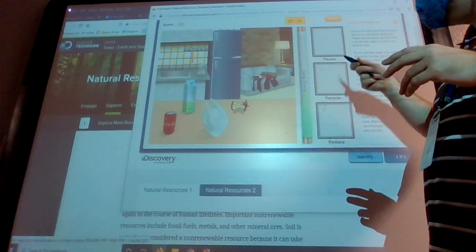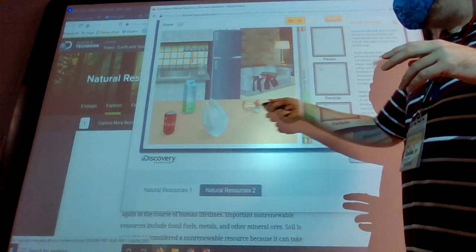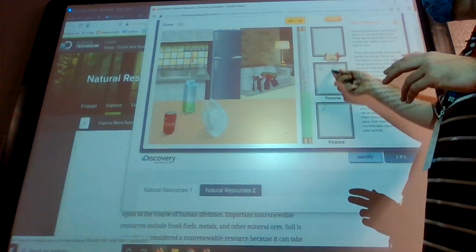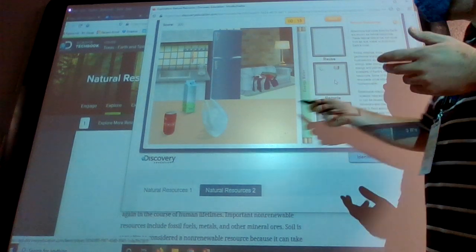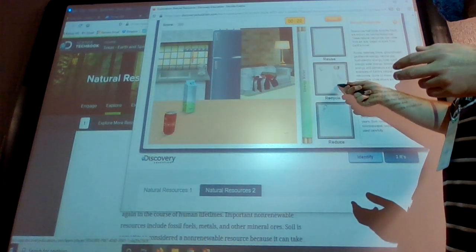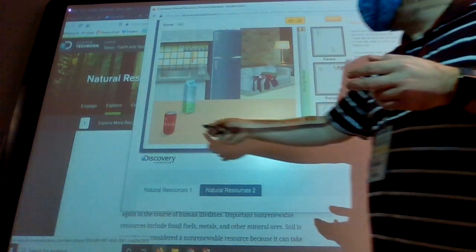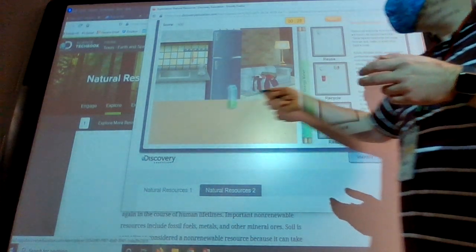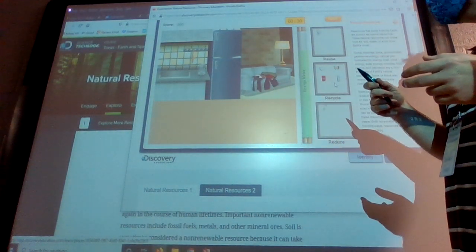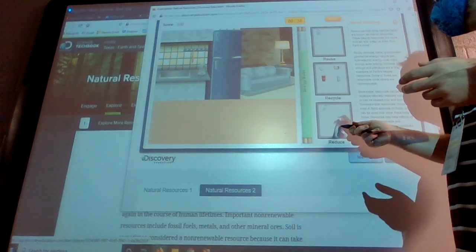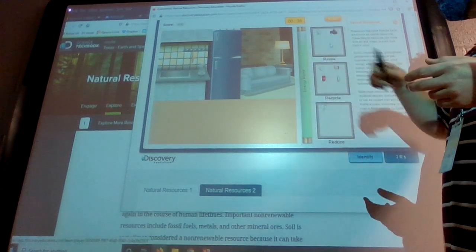Newspaper, recycle. An apple core. I don't know. You can't reuse it. You can recycle it into compost. Plastic bag, reuse those. I reuse those for lunch. Soda can, recycle. Milk carton, recycle. Oh, the clothes over here, reduce or reuse?